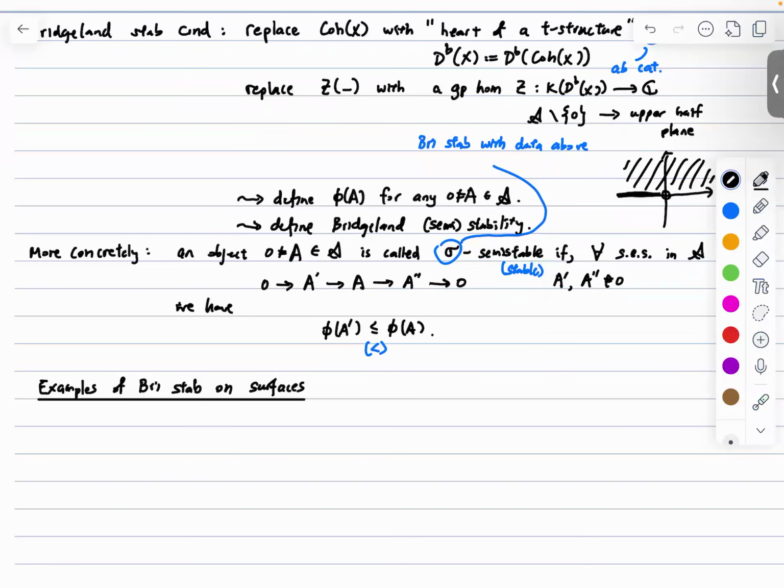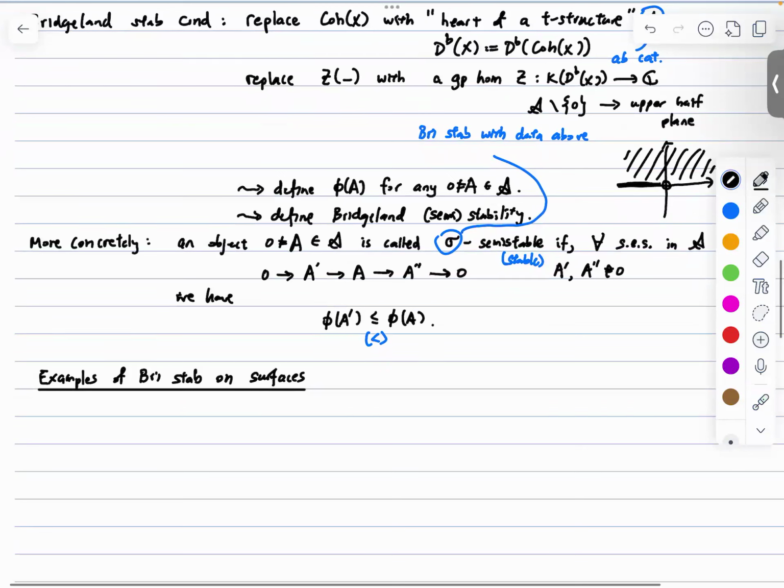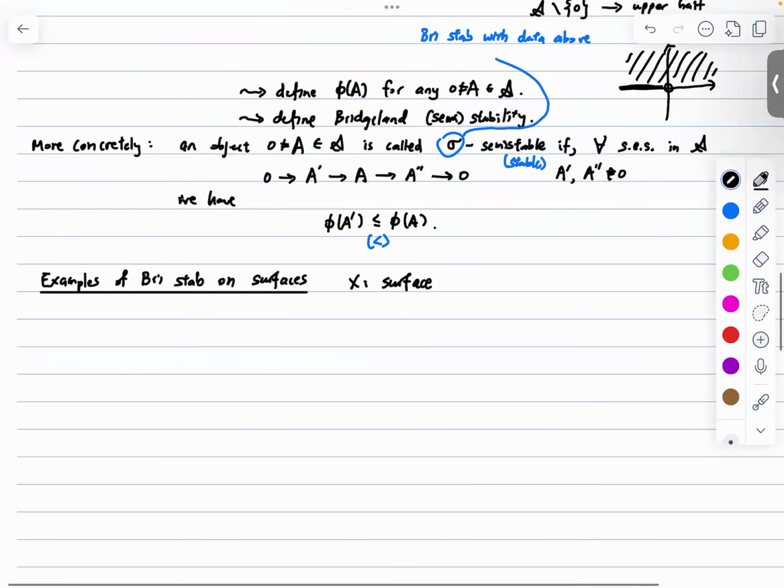So from now on until the end of the talk, X will be a smooth projective surface. And so to define the abelian category that goes into a Bridgeland stability condition on a surface, I have to mention the idea of the Harder-Narasimhan filtration for a coherent sheaf.